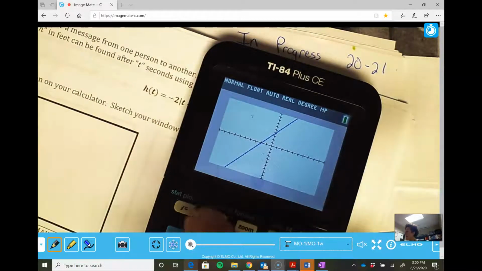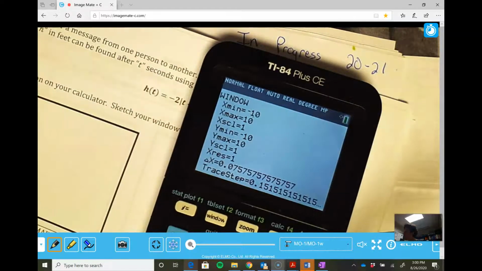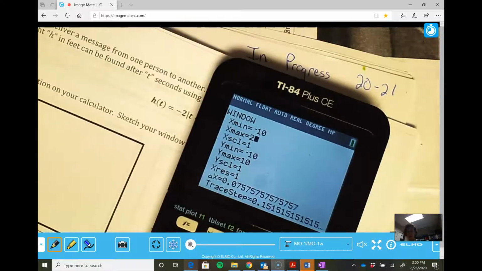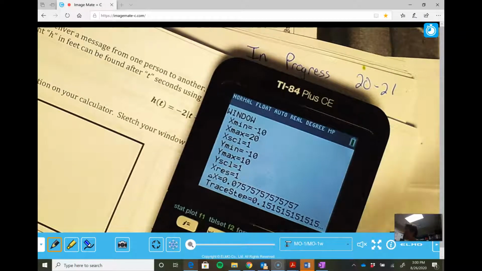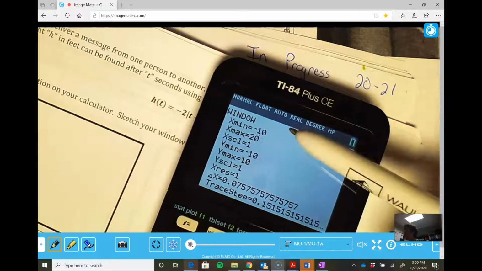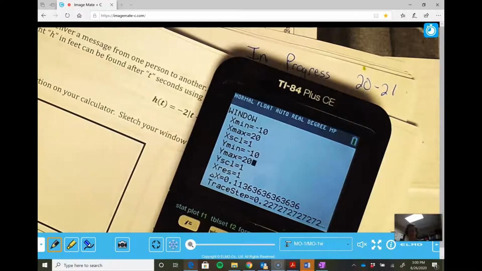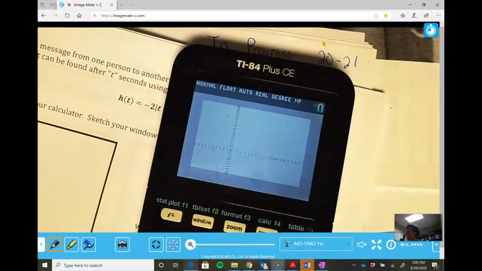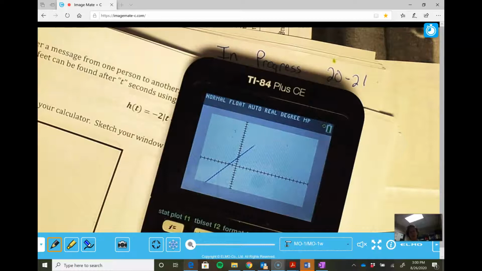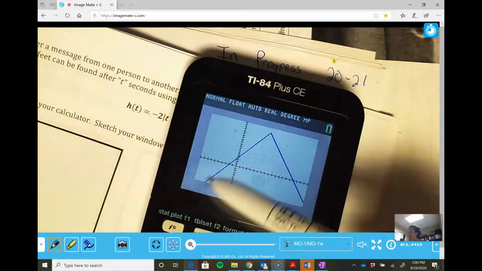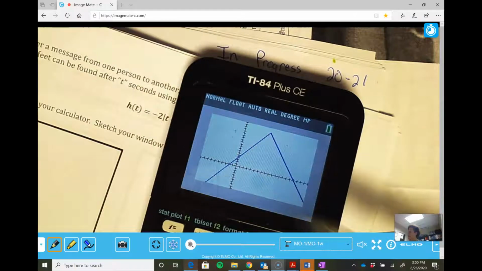So maybe instead of it stopping at 10, maybe we try 20. And then my max only goes up to 10, but remember, it went past. So let's change the y. Let's change y max to 20. And I'm just using my up and down arrows. And now I'm going to hit graph. You might have to play around with those numbers. And look, that worked great. I can see my x-intercepts, my turning point, and the end behavior.